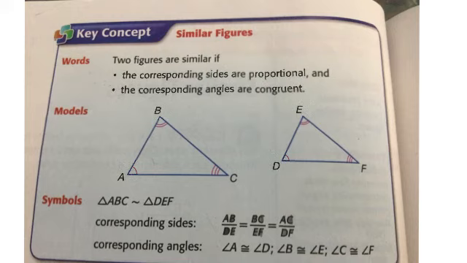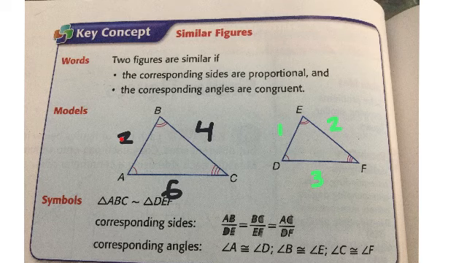So if this was 2, 4, and 6, and in the other triangle this side length was 1, then 4 would be 2, and 6 would be 3. You see how they all are scaled back by the same number? They have that same scale factor. It's basically like I took what I used to have and divided it all by 2. Or you could think about going from here and multiplying by 2 to get there.